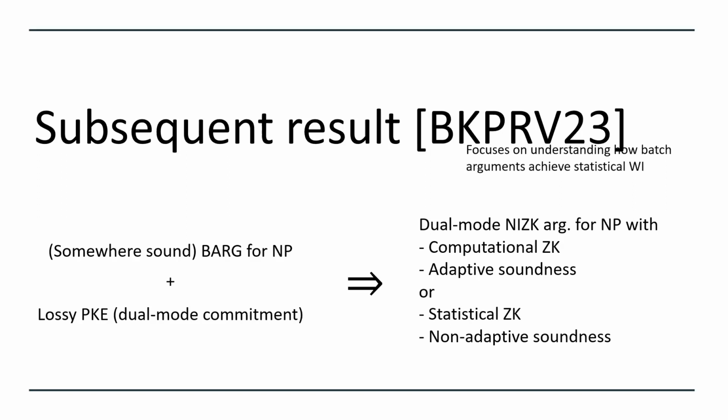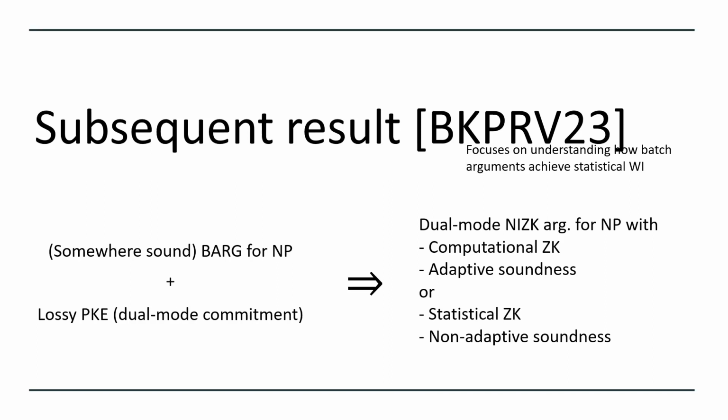Basically their techniques are quite different from ours because they don't use the hidden bits model at all. In this work they focus on showing how batch arguments imply statistical witness indistinguishability.